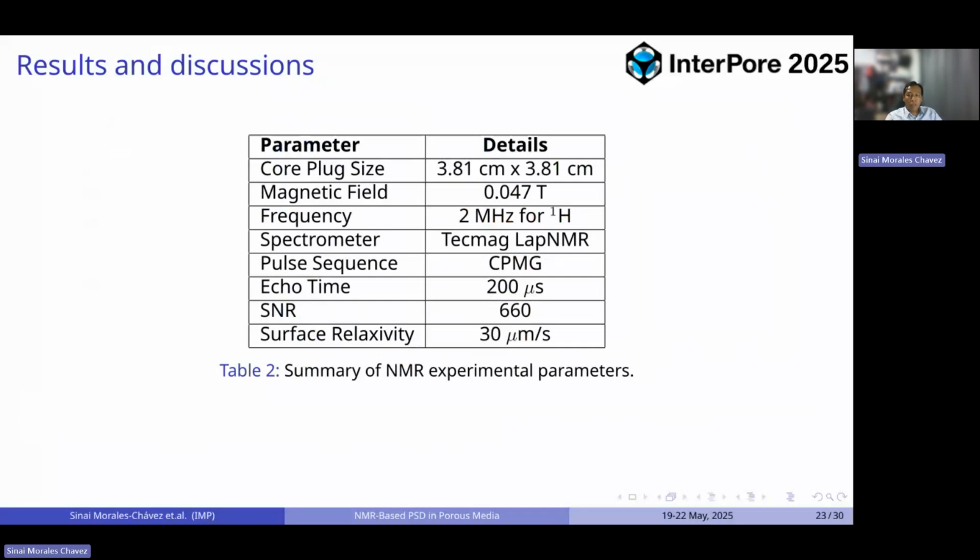The surface relaxivity was estimated by comparing the maximum peak of the pore distribution with the T2 distribution, resulting in a consistent value reported for various sandstone. These experimental conditions were used to acquire the FID signal, which serves as an input for our numerical inversion and pore size estimation.